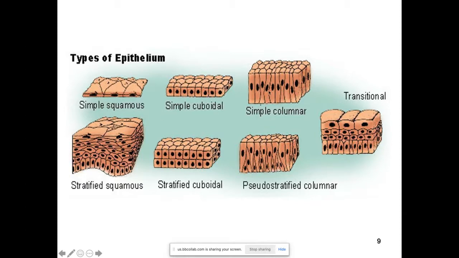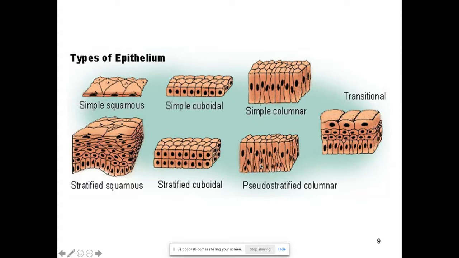Let's look at the third column here. So simple columnar versus pseudo-stratified columnar. Now, simple columnar, one cell layer thick, they're tall columns, so simple columnar. Notice that the nuclei that you see here, and here, and here, these nuclei are at the same level. But if we look down below, look at the nuclei that are found at multiple levels.